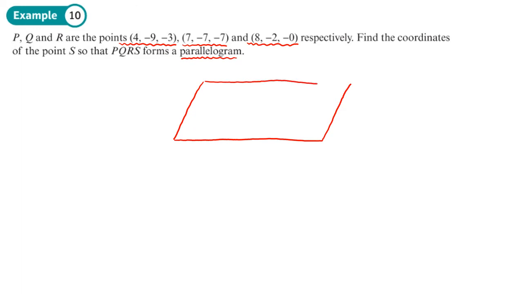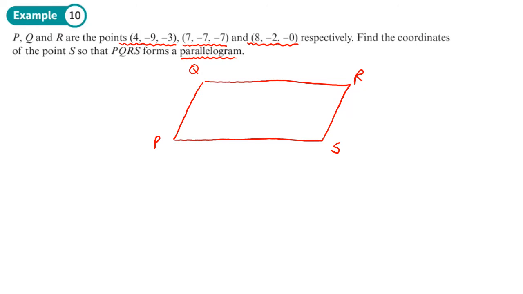So let's pretend it's a parallelogram P, Q, R, S. Whenever shapes are lettered, they go around in alphabetical order. So you wouldn't do P here and then Q up in that corner. They follow on from one another.